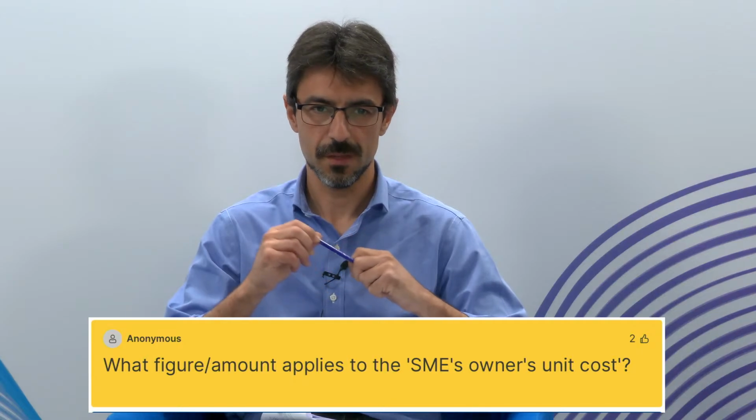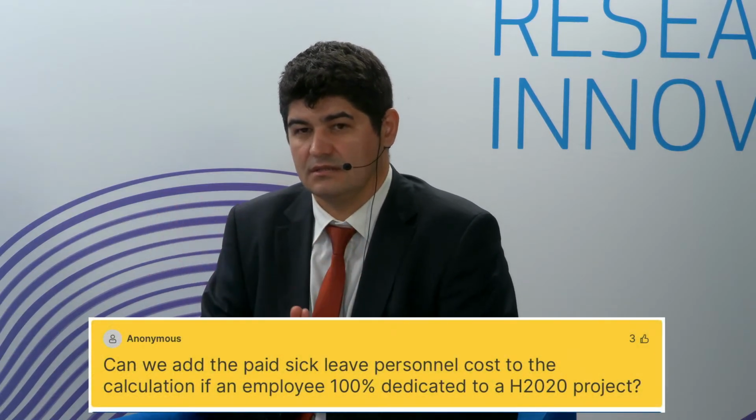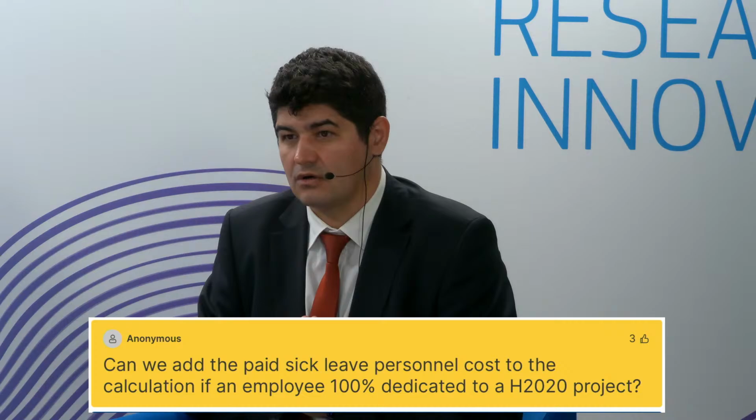Okay, next question. Can we add the paid sick leave personnel costs to the calculation if an employee is 100% dedicated to an H2020 project? It's not a direct yes, but I would say that we should be prudent. If a person works 100% for the project, you will have to calculate an hourly rate, and claim in the numerator, the upper part, all the cost of that person.